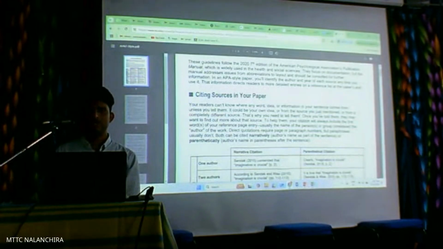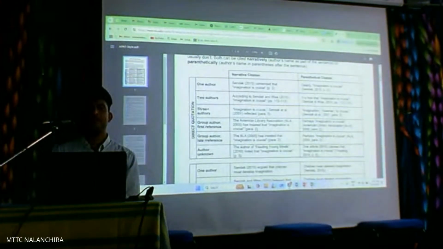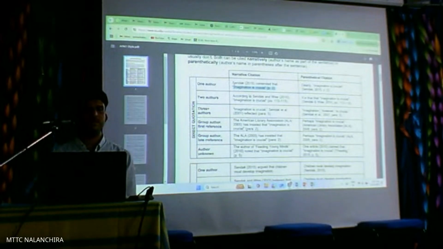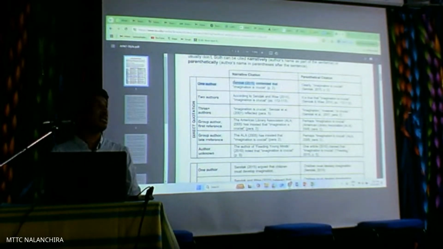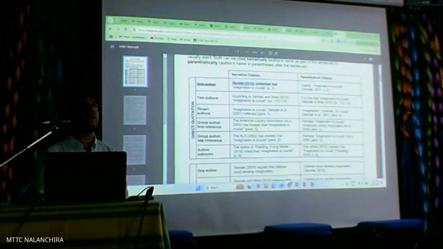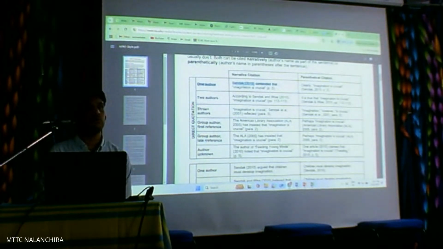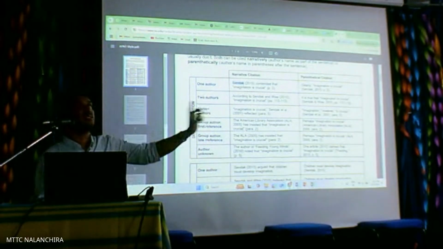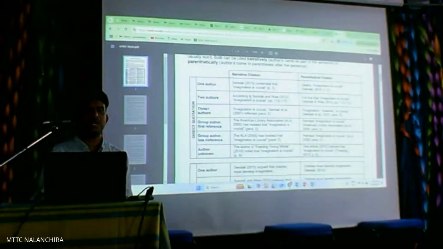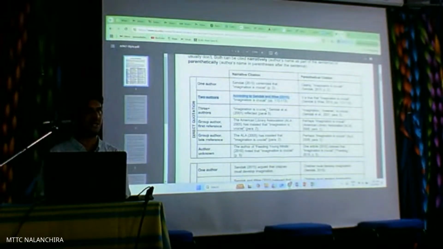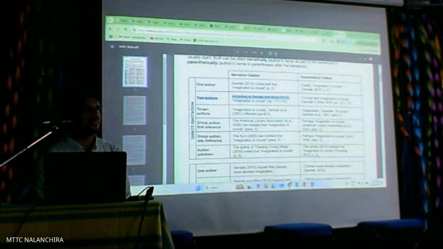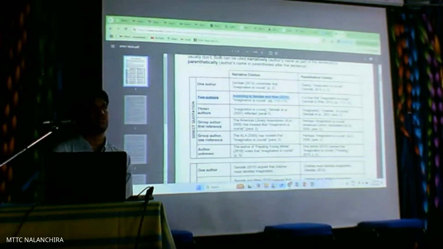It is mentioned what is narrative and parenthetical. This way we call it narrative. In the narrative, only the year is in bracket and the name of the author is outside the bracket. For example, according to Sendak and Weiss (2010). Only the year is in bracket. This is known as narrative style.